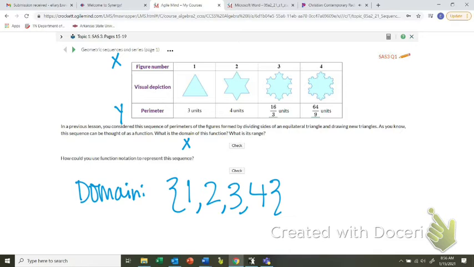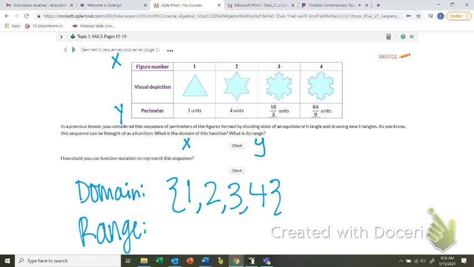Now, the second question asks, what is its range? Well, if domain is X, then range has to be what? Y. Range has to be Y. So, on your paper, out beside range, I want you to put Y. In this case, is range my figure number or my perimeter?